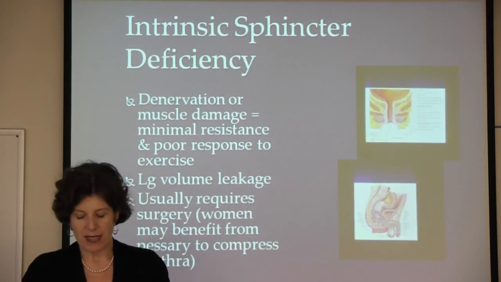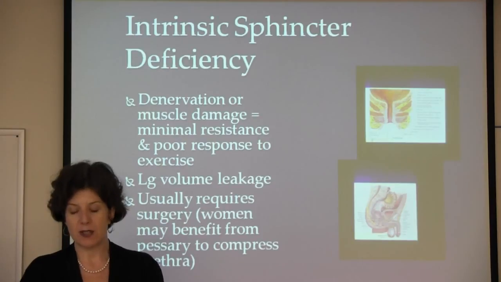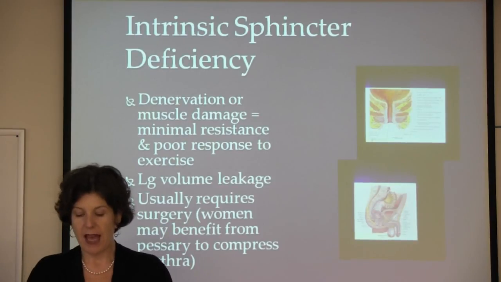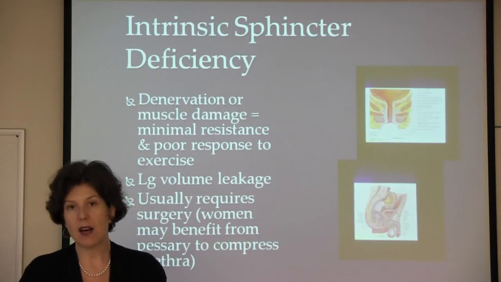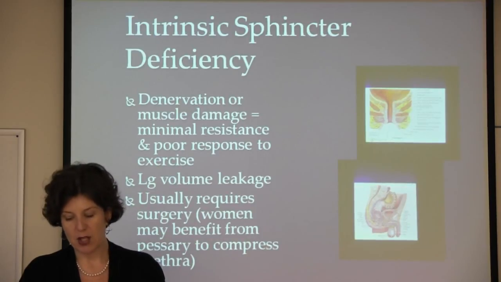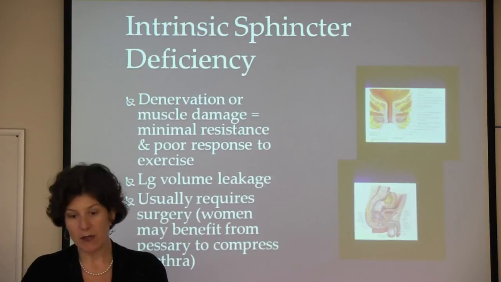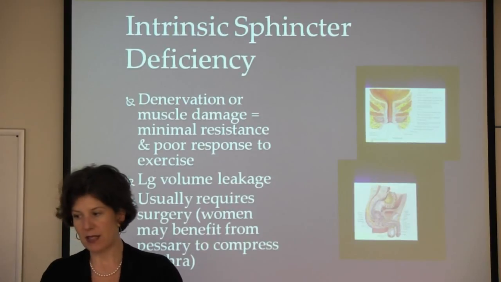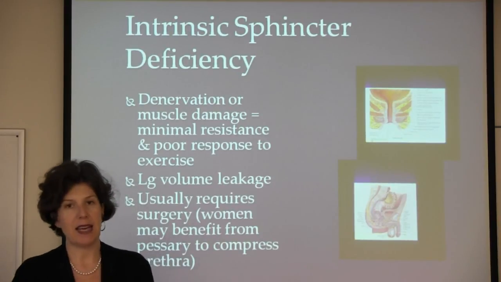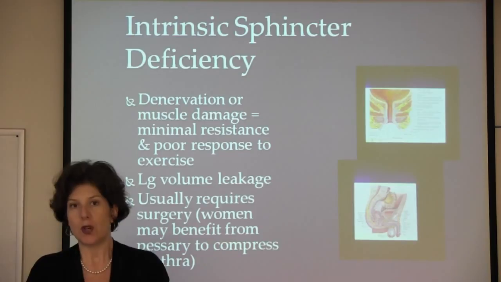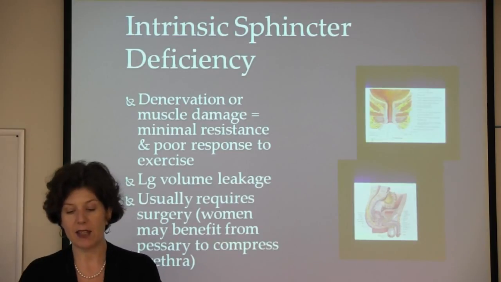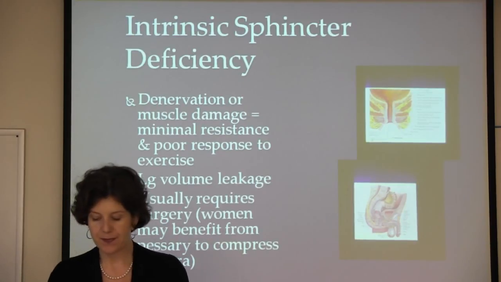The second type of stress incontinence is intrinsic sphincter deficiency, and this can happen in men as well as in women. This is caused by severe muscle damage or weakness or loss of innervation to the sphincter muscles. And so what happens is there's just not the response. The nerves are not communicating with the muscle, or the muscle is so torn or damaged that it cannot actually close.